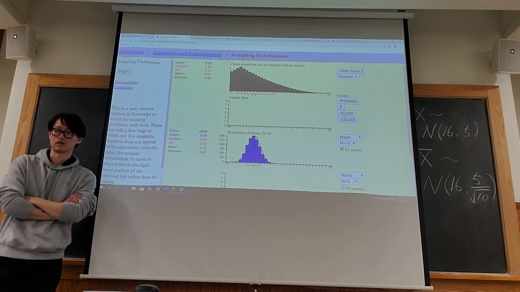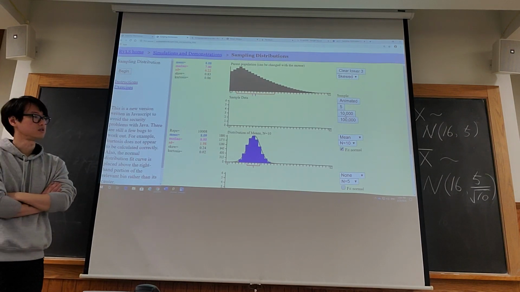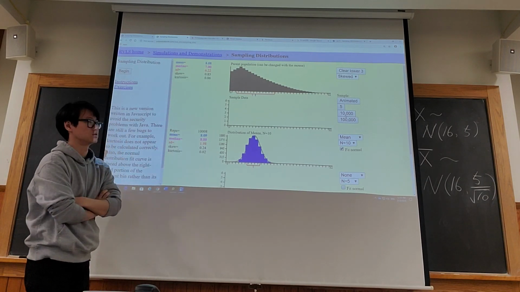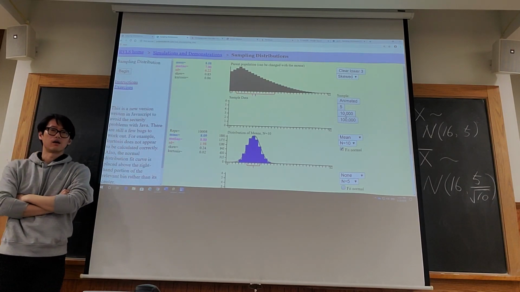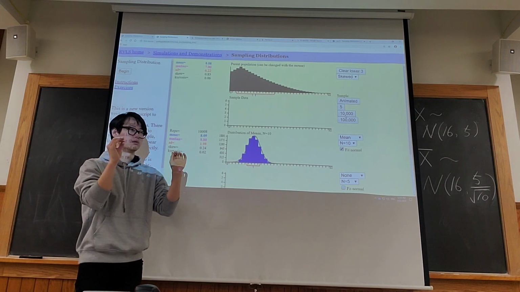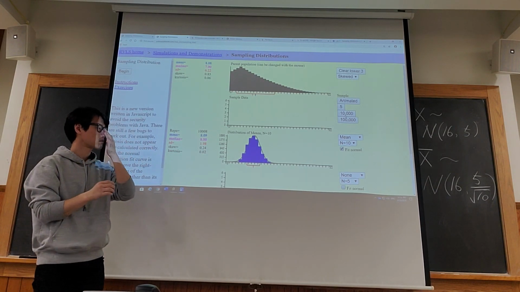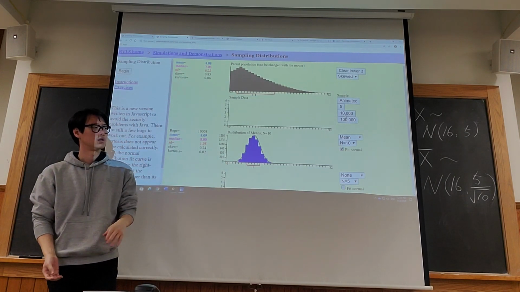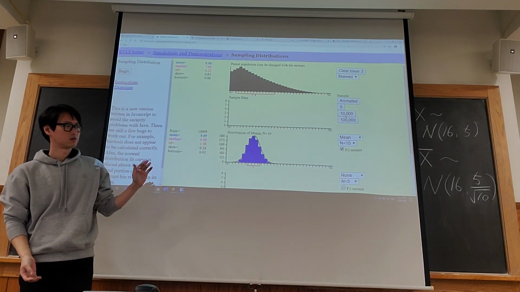This is maybe an interesting thing to see. Even if we don't have the population distribution as a normal distribution, when I take the sample and then take the sample mean, the distribution of the sample mean will follow the normal distribution, always. Okay?